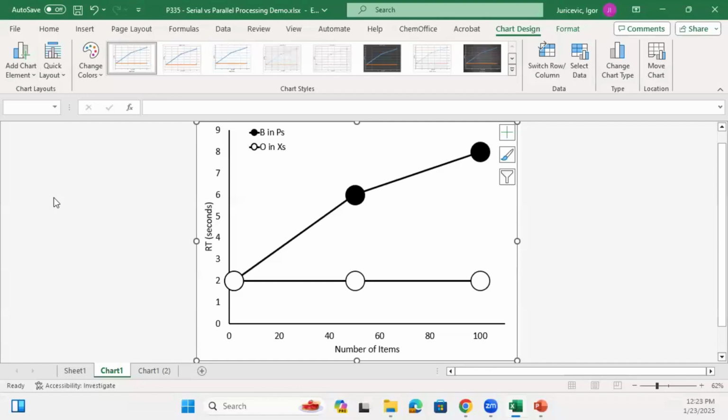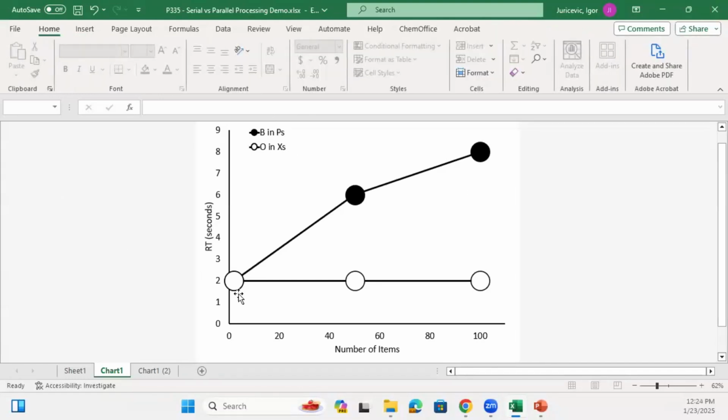As you can see, there's a very different pattern. For the B's and the P's, the more distractors there were, the longer it took you to find the B. However, for the O and the X's, the more items in the display did not change the amount of time it took you to find the O.